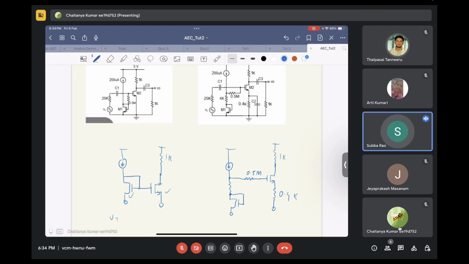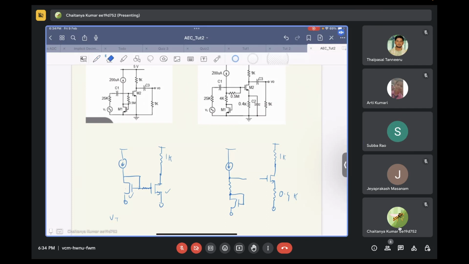Sir, in the first circuit, shall we neglect the 0.5 mega ohms? Yeah, the 0.5 mega ohms directly goes to the gate of the transistor M2, and here also you can neglect. In fact, you can remove this.